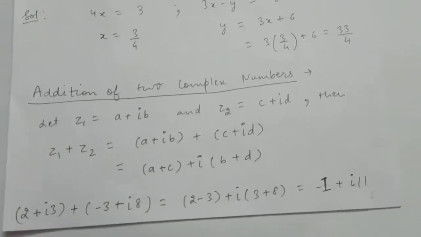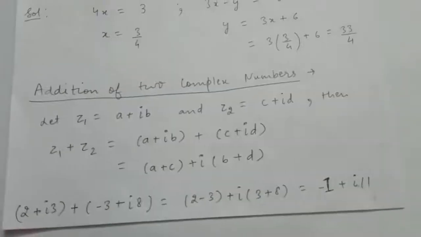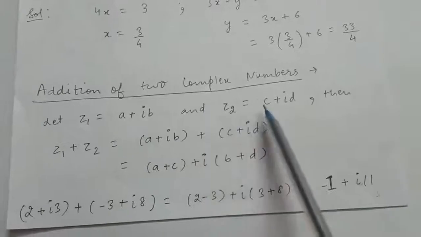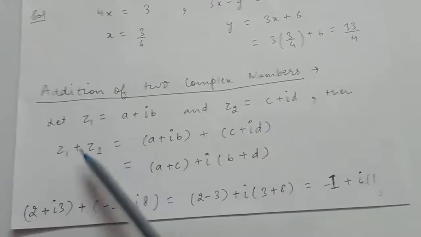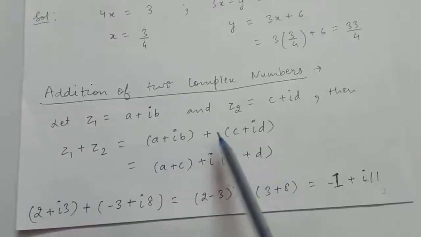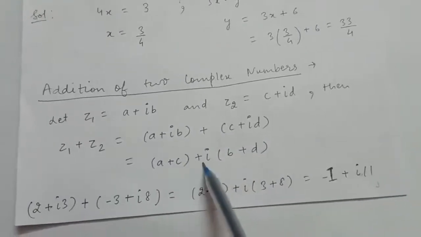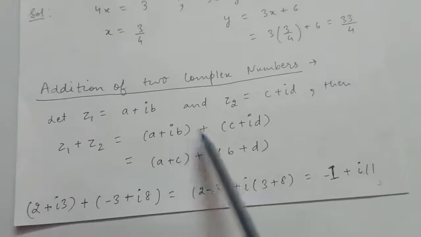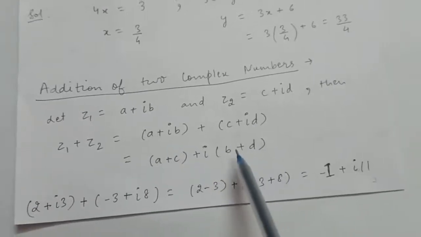Now comes the addition of two complex numbers. If say z1 and z2 are two complex numbers, then addition of two complex numbers is basically adding their real parts plus iota adding their imaginary parts, right?